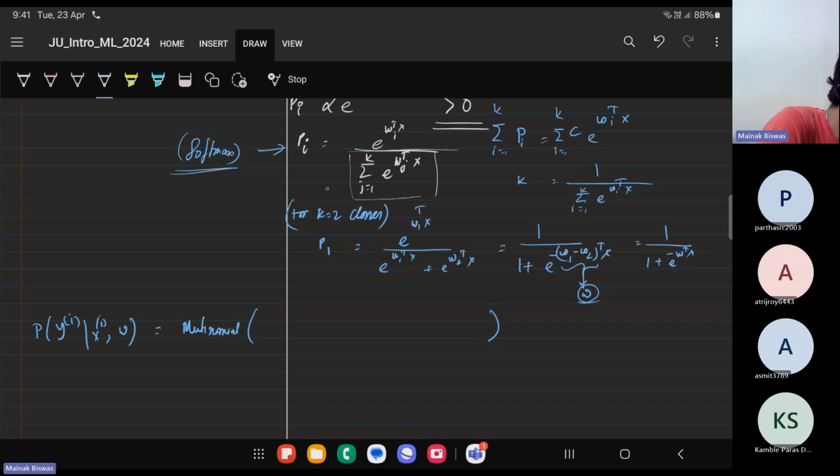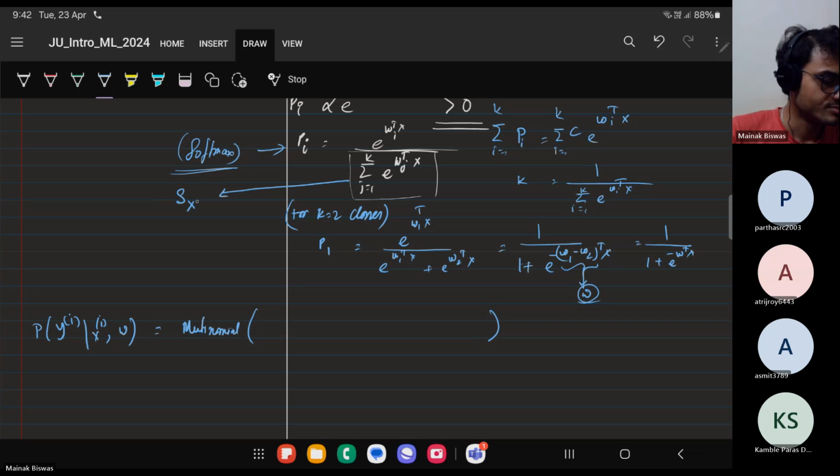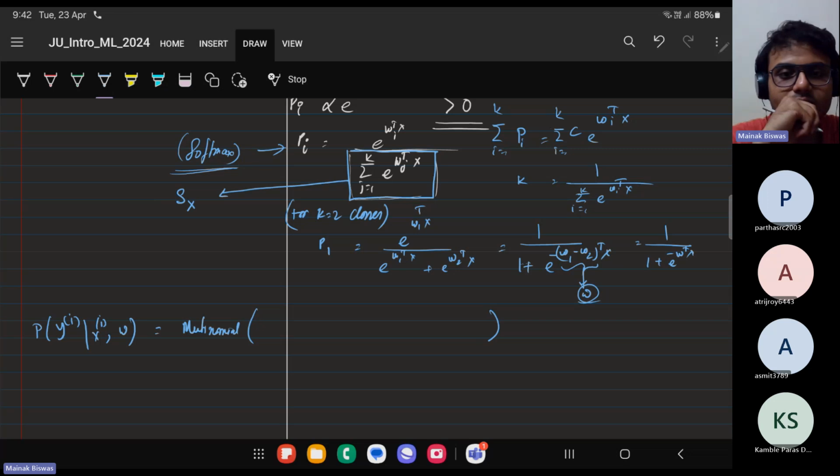So I will represent the sum as sx, because that is constant for a particular training example. What will it be? What are the probabilities?